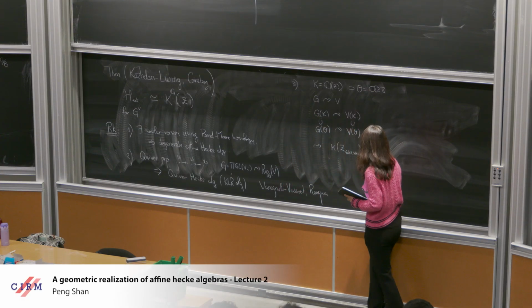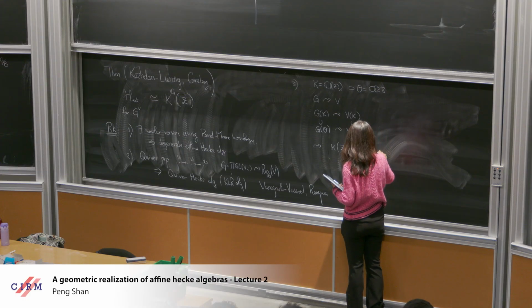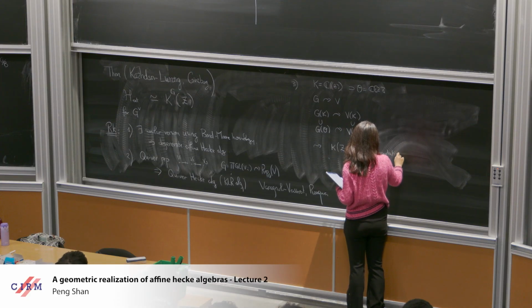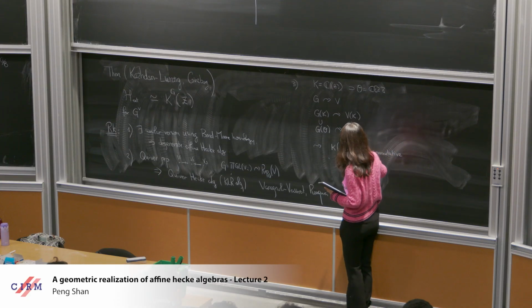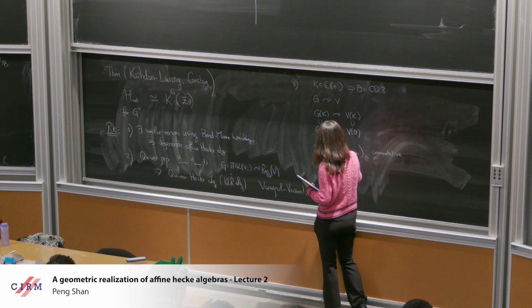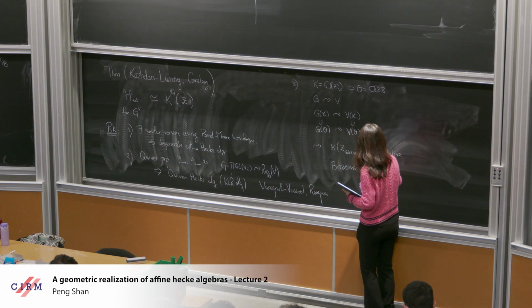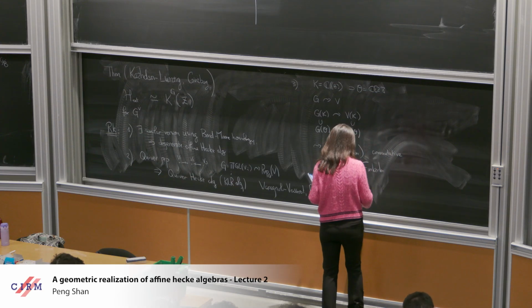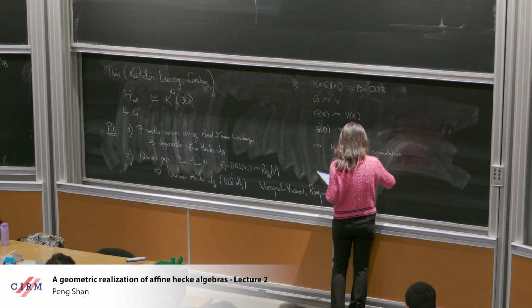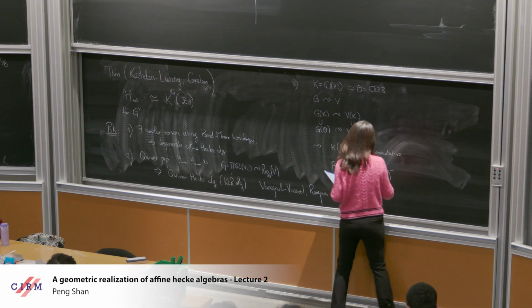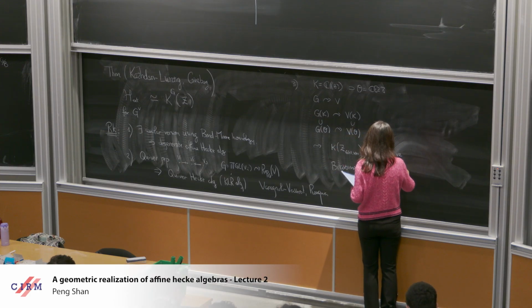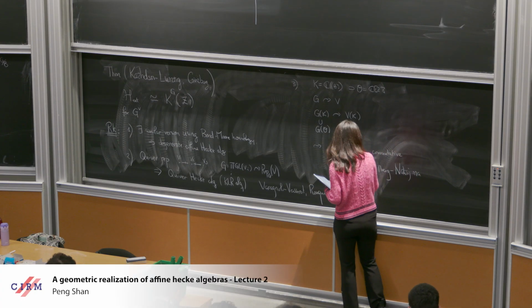In this case, this algebra is actually commutative for some miraculous reasons, similar to geometric Hecke. And Braverman, Finkelberg, and Nakajima used this to define a Coulomb branch.